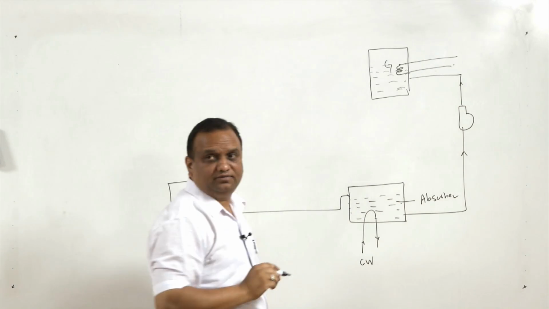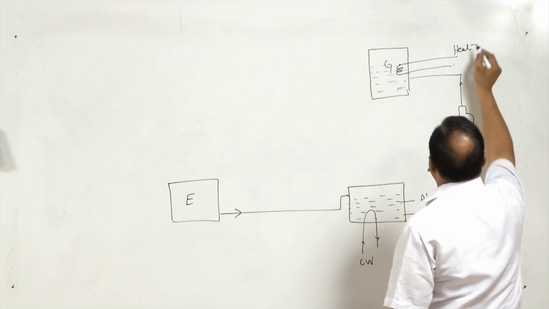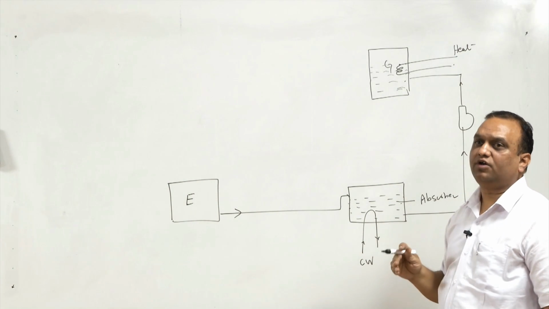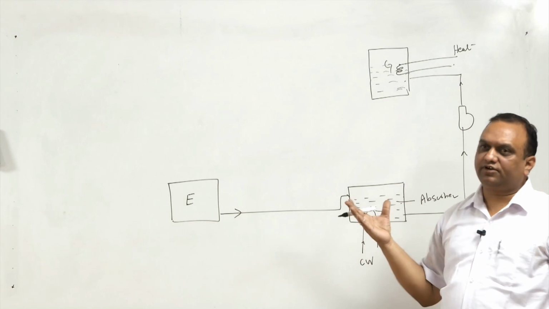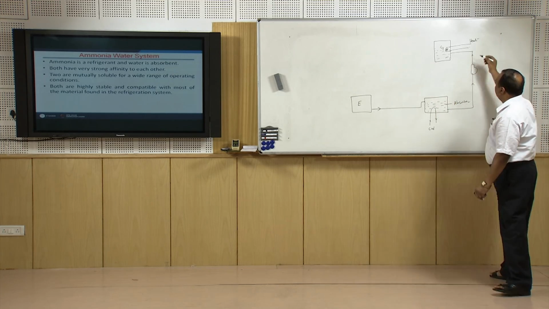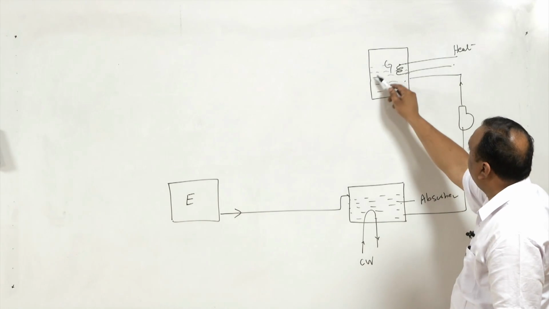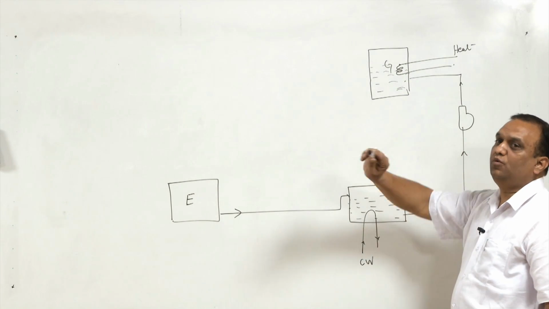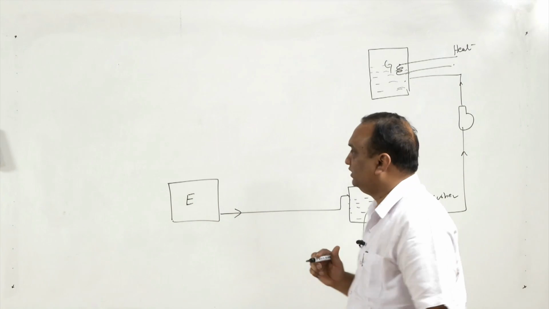Now, this heat may be waste heat, or heat from a back pressure turbine, or waste heat of any process, some waste heat from the gas turbine, or any waste heat will do. This waste heat heats the mixture in the generator and ammonia is liberated, and in fact, it has traces of water also.